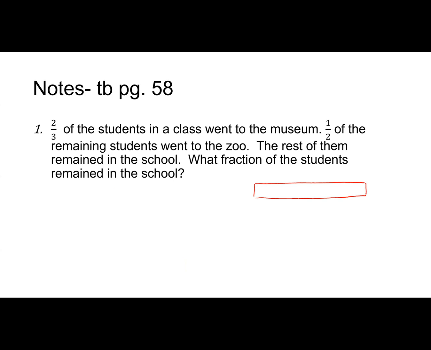It says 2/3 of the students in the class went to the museum. How many parts should I divide this bar model up into to start? Kylie. Yeah, let's go ahead and divide it up into thirds. And let's mark 2 of the thirds as the students who went to the museum.